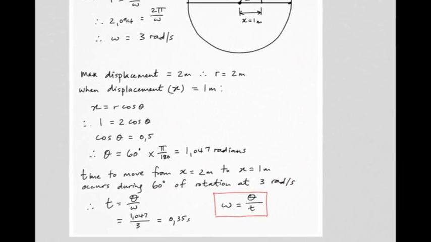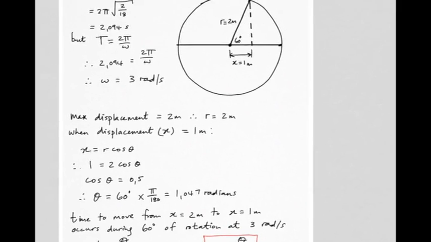Well, omega, speed of angular rotation, is theta over t, radians over seconds. So we can solve for t. T is, therefore, theta over omega. Make sure you put in theta in radians, 1.047, divided by the rate of 3 radians per second, means it will take 0.35 seconds to travel from here to here.